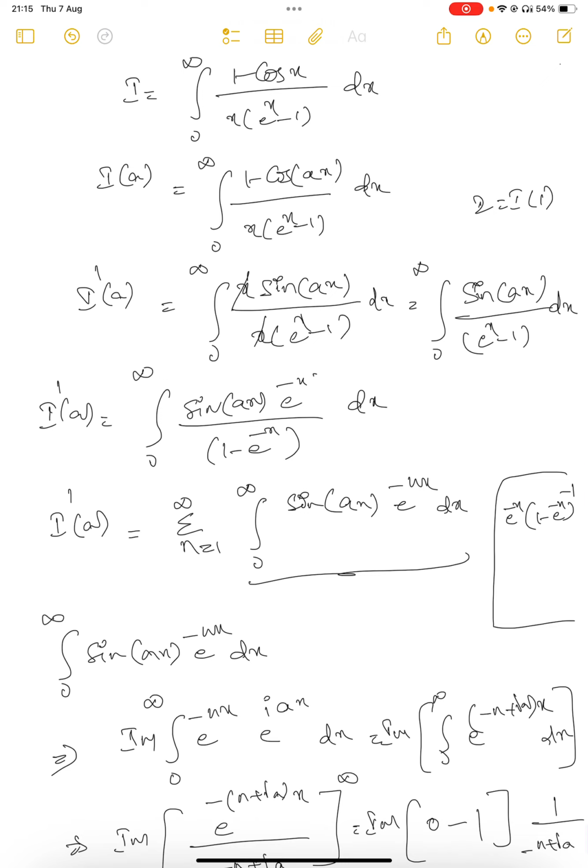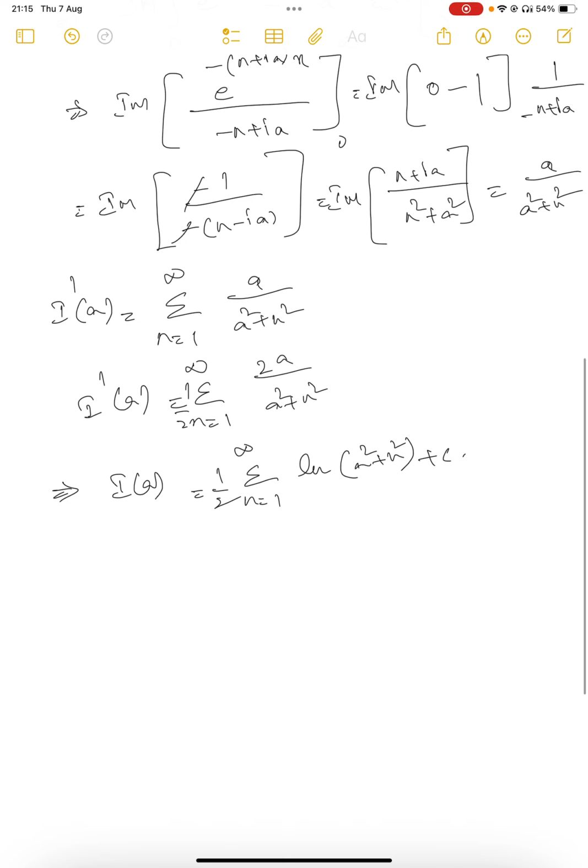As you can see here, I of a is integral 0 to infinity (1 minus cos ax) by x into (e power x minus 1). If you substitute a equal to 0, then cos of 0 will be 1, and 1 minus 1 will be 0. Then I of 0 is 0.